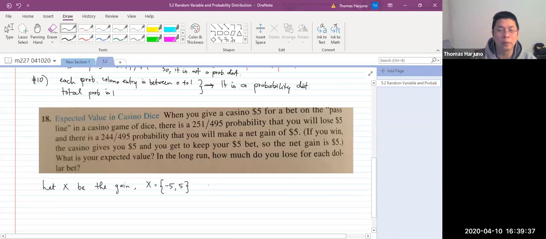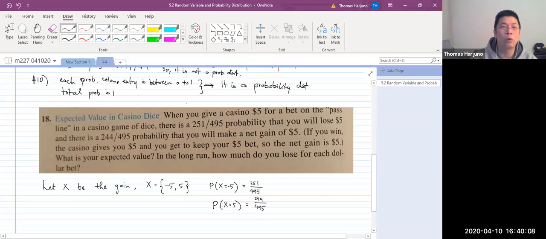In fact, from the passage in that question, the probability that we gain -5, another way to say lose $5, is 251 over 495. And the probability to win $5 is 244 over 495.